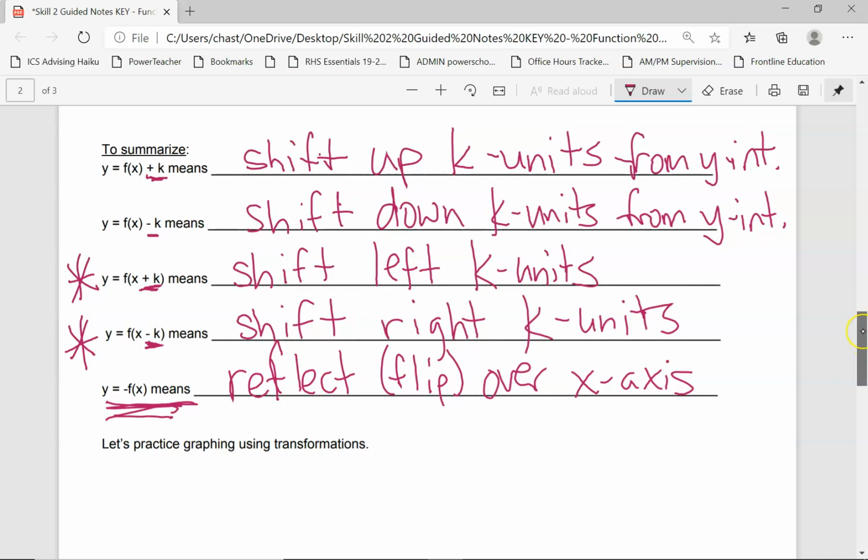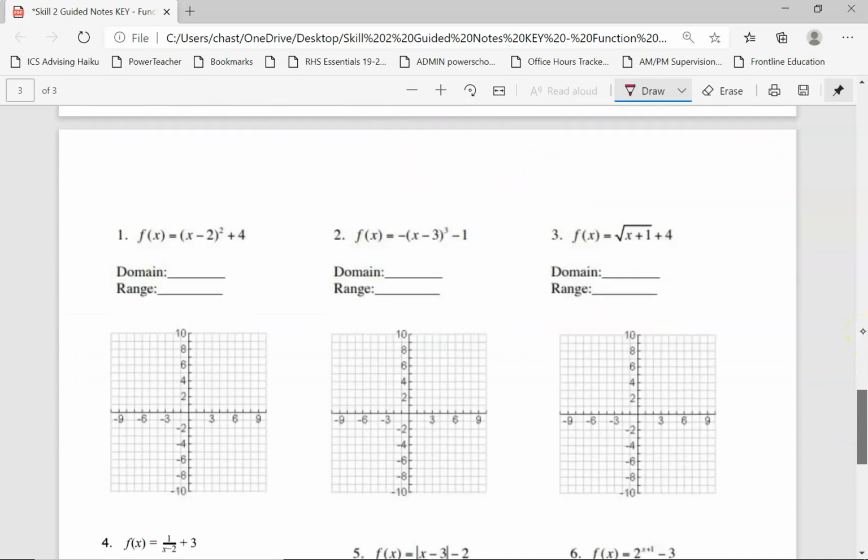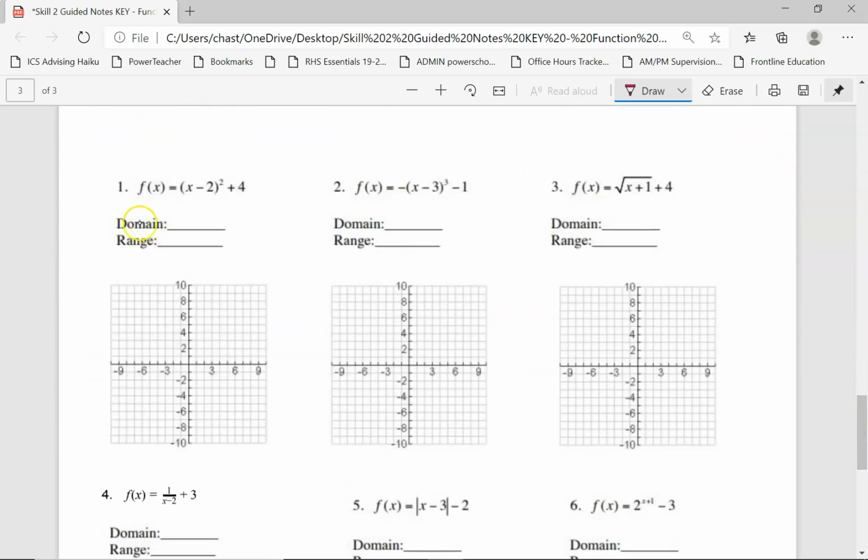Okay, so what we're going to do is practice doing some transformations. I am not going to focus on domain and range right now. Right now our focus is on being able to do these actual functions, okay? So for this one, I see two transformations. This one is inside, so it's a weird one. We're going to say it goes right 2. And this part tells us we go up 4.